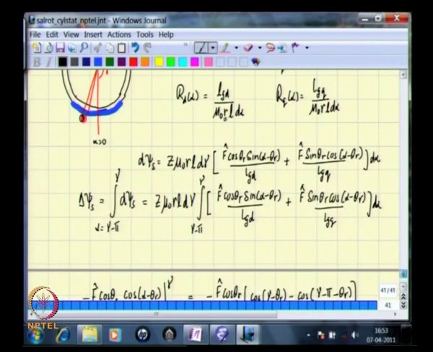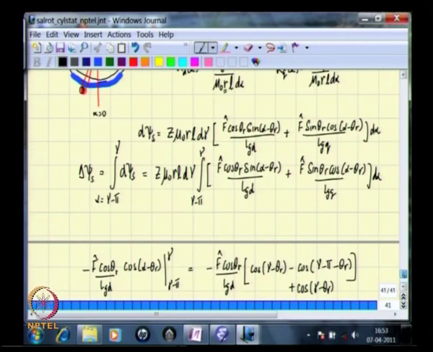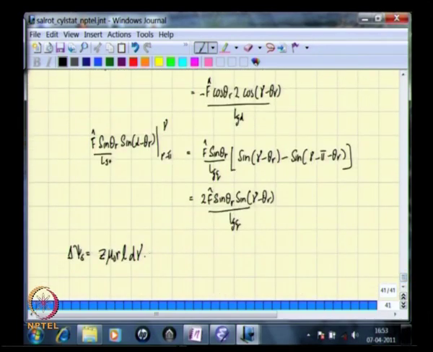is equal to Z times mu naught R L d gamma into 2 times, we can take f hat also outside, minus cos theta r cos of gamma minus theta r by LGD plus sin theta r sin of gamma minus theta r divided by LGQ.